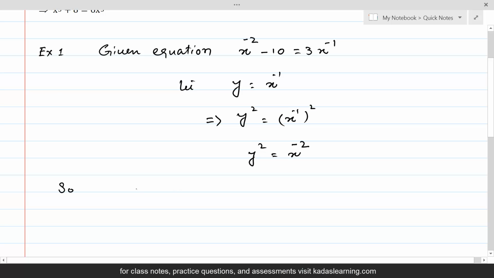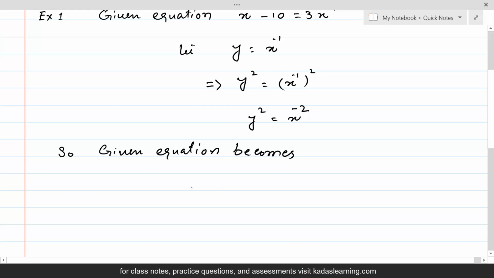So the given equation becomes, the x^(-2) will become y squared, minus 10 equal to 3y.